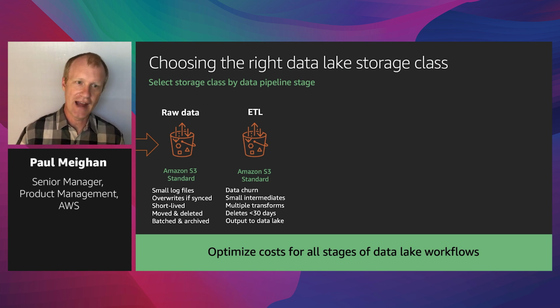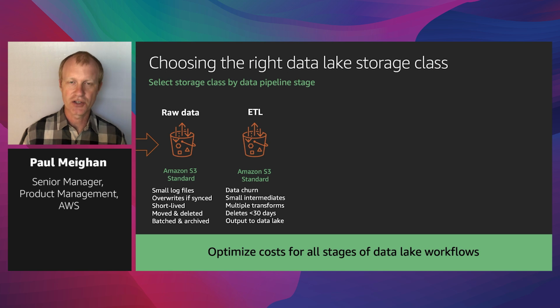And these active or early pipelines often have small log files that are coming in bit by bit. This data is often short-lived. Overwrites are often done. In short, there's a bunch of churn, right? This is really hot, churny data as it's prepped and ingested and transformed, getting ready for the longer-lived format that the data will ultimately live in to be analyzed, right?